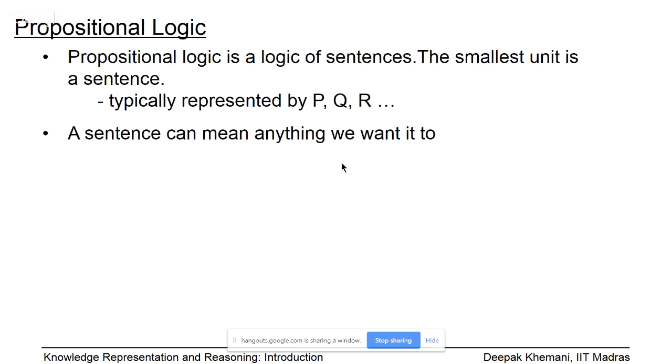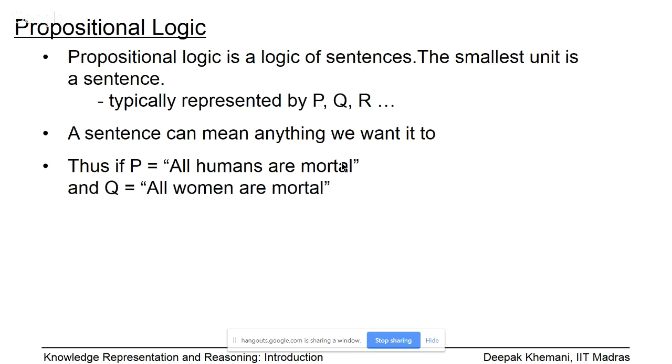The simplest form of logic is propositional in nature, and we started the course with that, in which a sentence is an atomic entity. For example, we use symbols like P, Q, R, and it can mean anything we want it to.